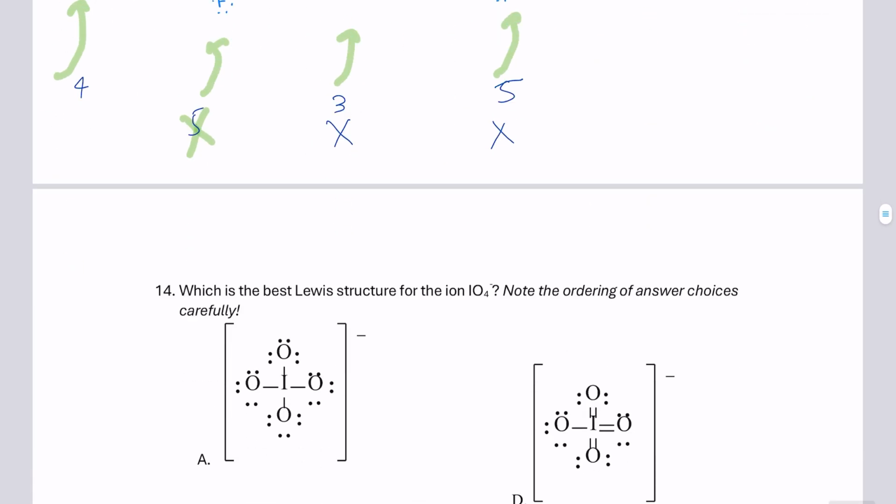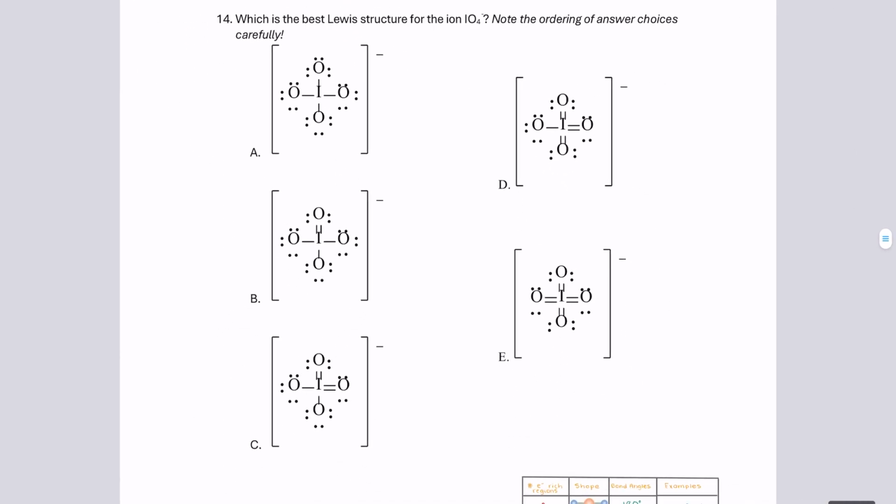Problem 14 says, which is the best Lewis structure for the ion IO4 -1? Note the ordering of answer choices carefully. In order to solve this problem, we need to calculate the formal charge for every atom in each of these structures.